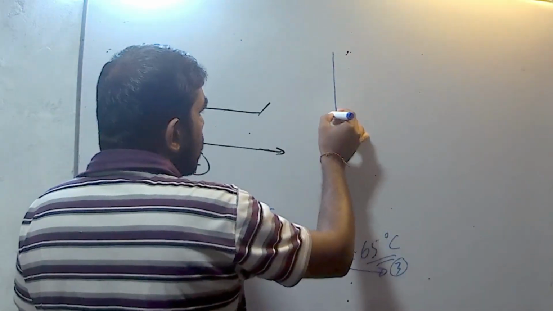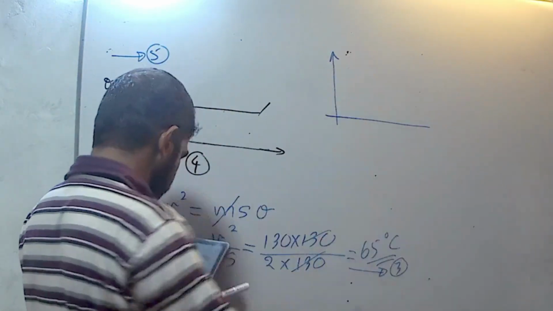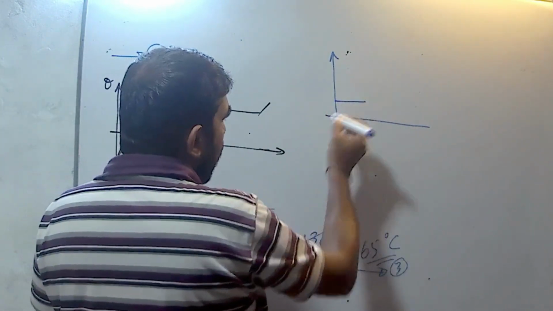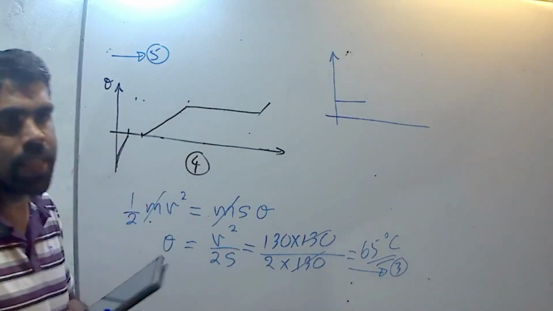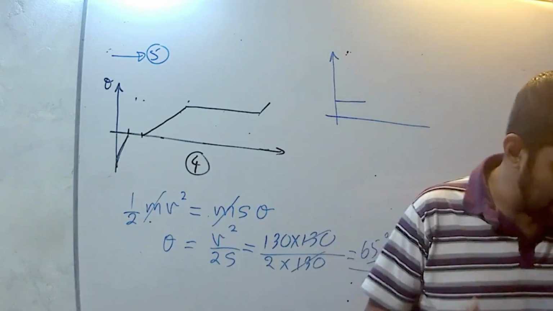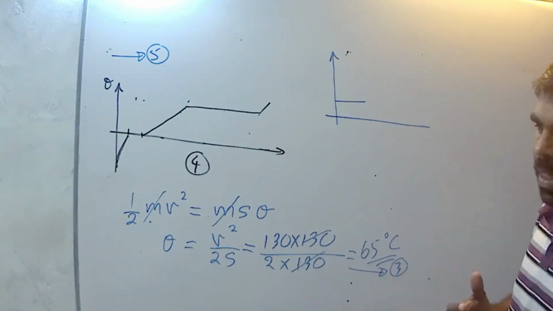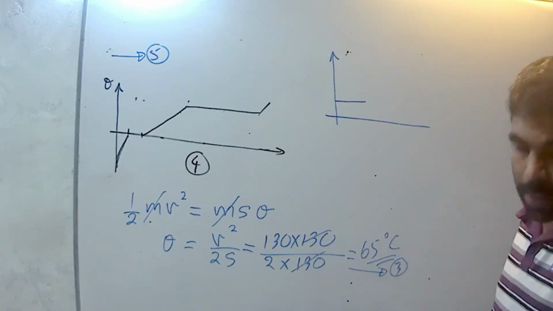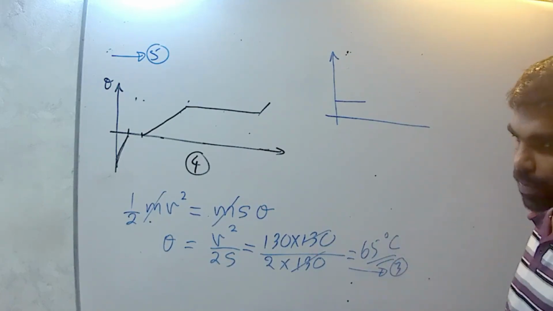We can consider that for the initial situation there is a constant rate of heat absorption by the container, because heat is absorbed by the container and water to increase the temperature up to 100 degrees.